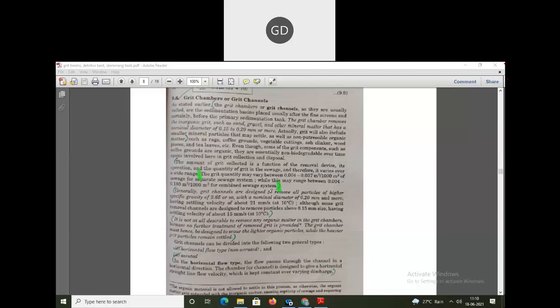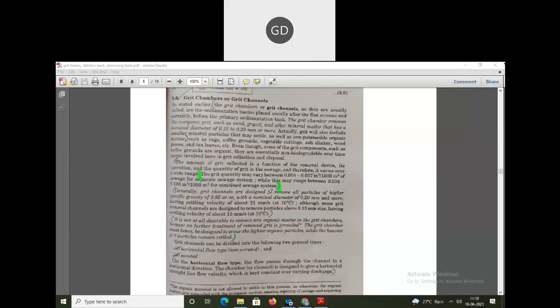If you can remember, we have learned about the types of sewage system in your fifth semester: combined sewage system, separate sewage system, partially combined sewage system. So for those different types of sewage systems, the grit quantity is different.